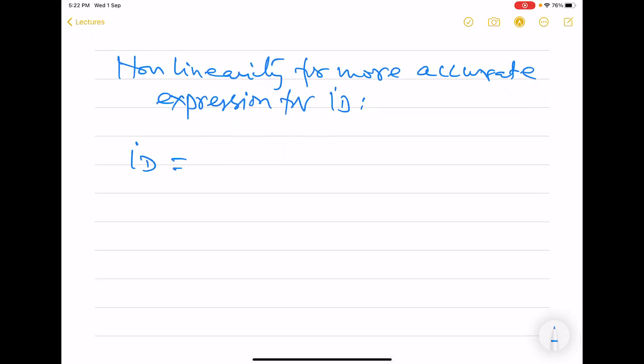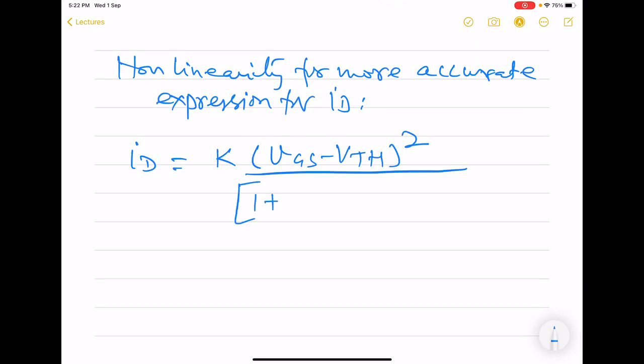So more accurate expression for ID is given by this expression. So this is what we have been taking, but if one wants to be more accurate, then there will be one more term in the denominator, which for the majority of cases can be taken as equal to 1.